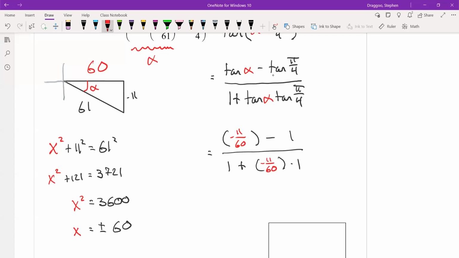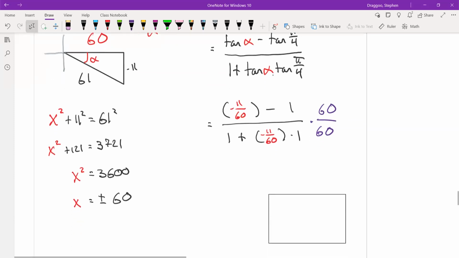So I'll plug in those values into the formula, and then it's just a matter of simplifying. I have too many denominators, so I'm going to multiply top and bottom by 60, because that's the extra denominator that I have.